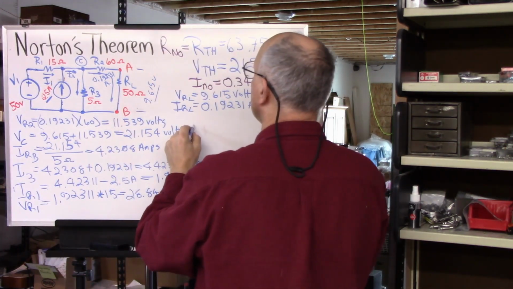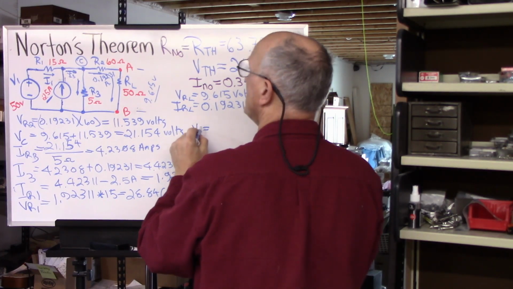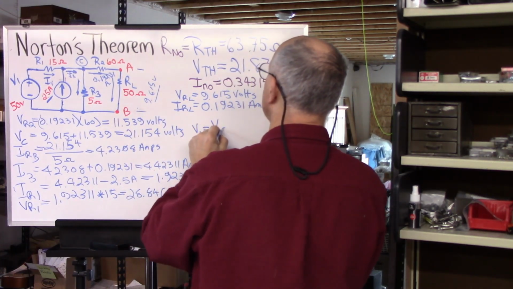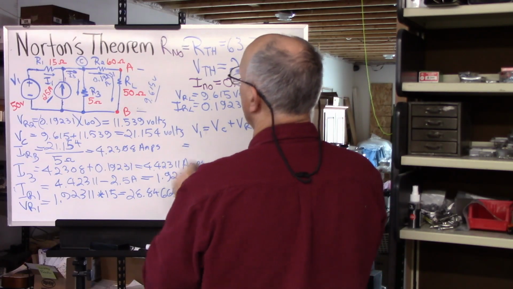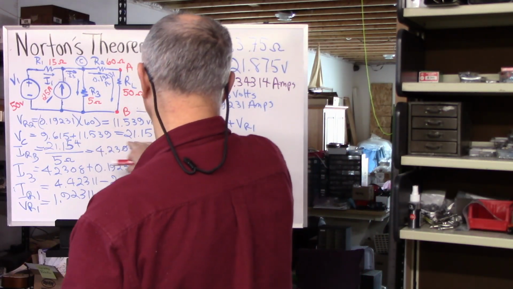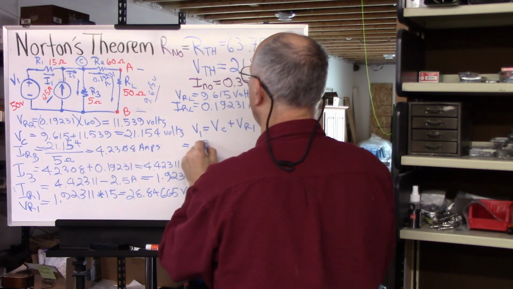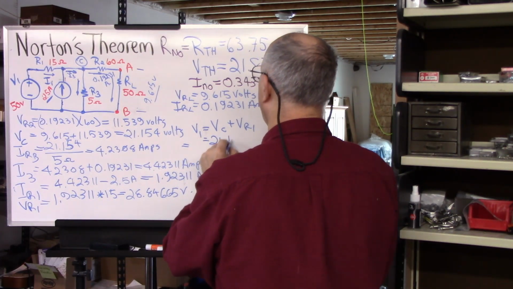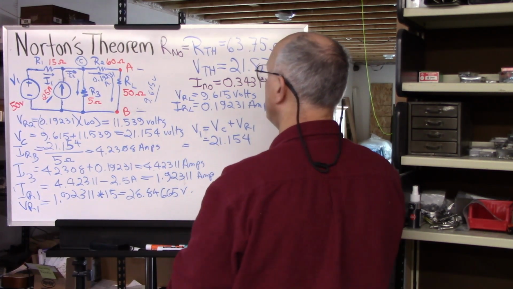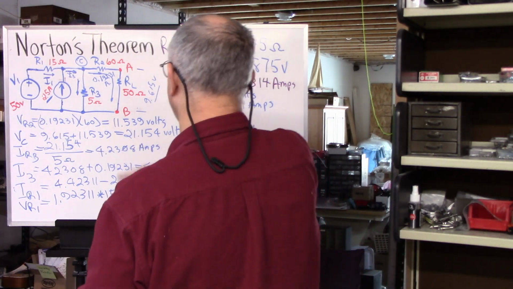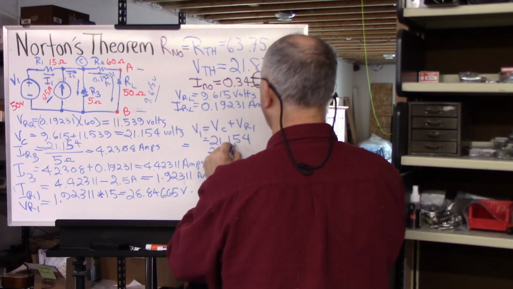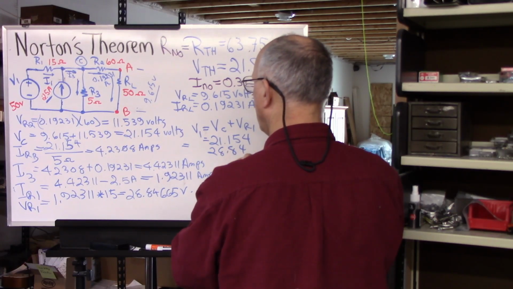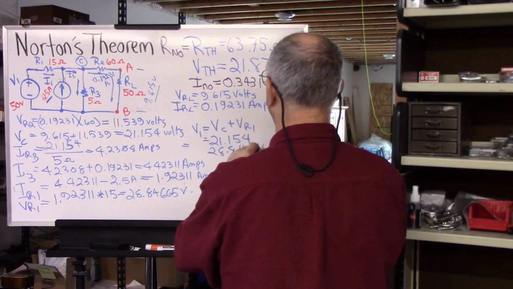So we can say that V1 should equal VC plus VR1. Well, what's VC? We had that here, 21.154 plus VR1, 28.84665.